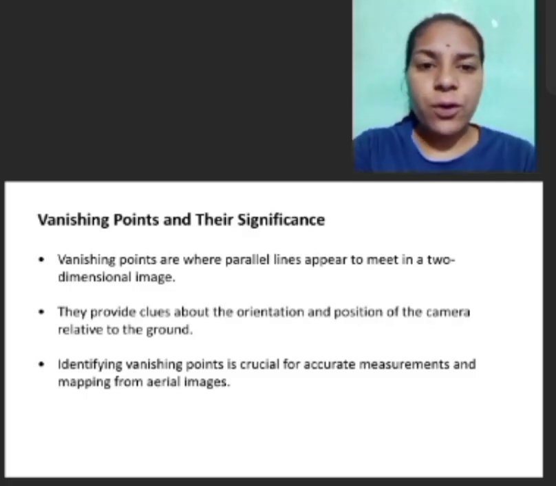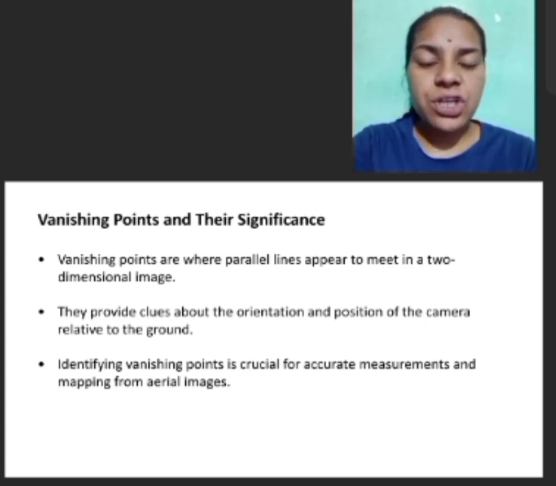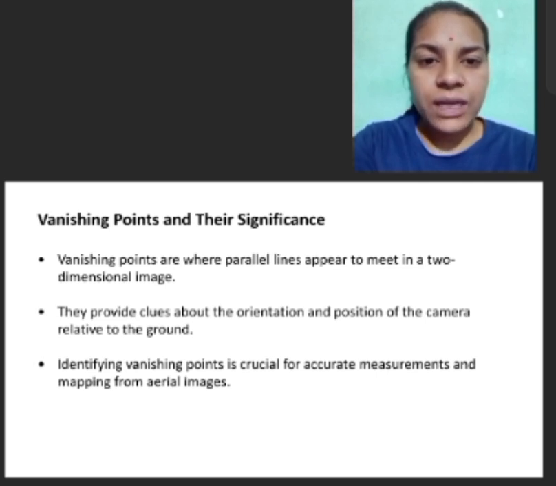Second point, they provide clues about the orientation and position of the camera relative to the ground. Third point, identifying vanishing points is crucial for accurate measurements and mapping for aerial images.